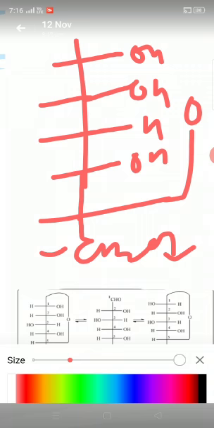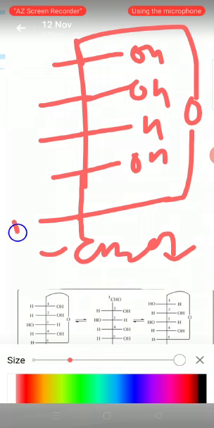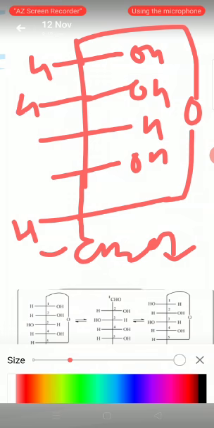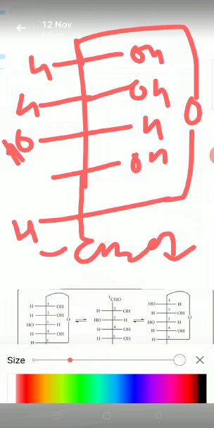Here the ring is formed between the oxygen of carbon atom number 5 and carbon atom number 1, and the hydrogen of carbon atom number 5 goes to carbon atom number 1. Here H, OH and this H. This is the ring structure of glucose.